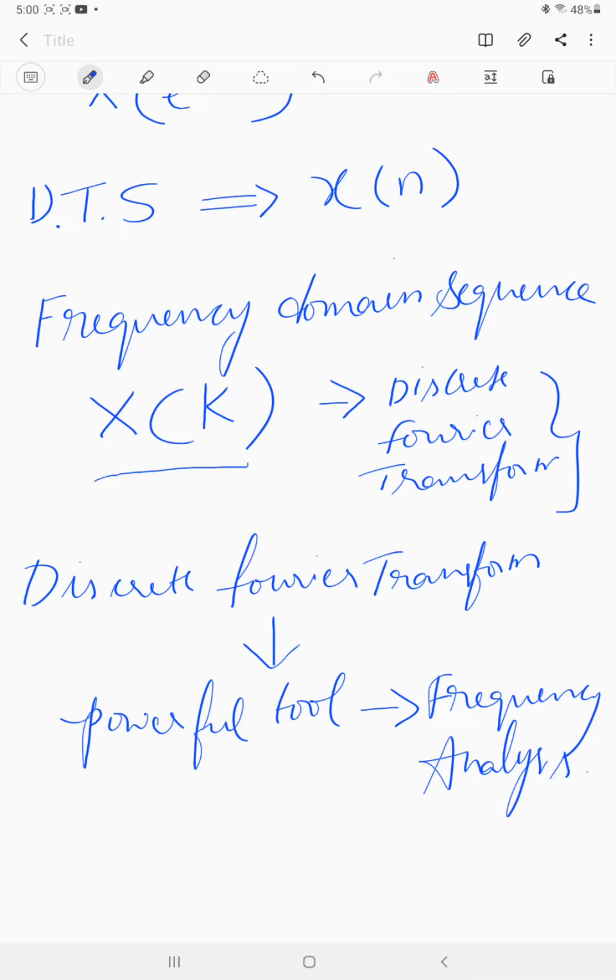In this topic, we will establish a relation between the Fourier transform and the discrete Fourier transform.